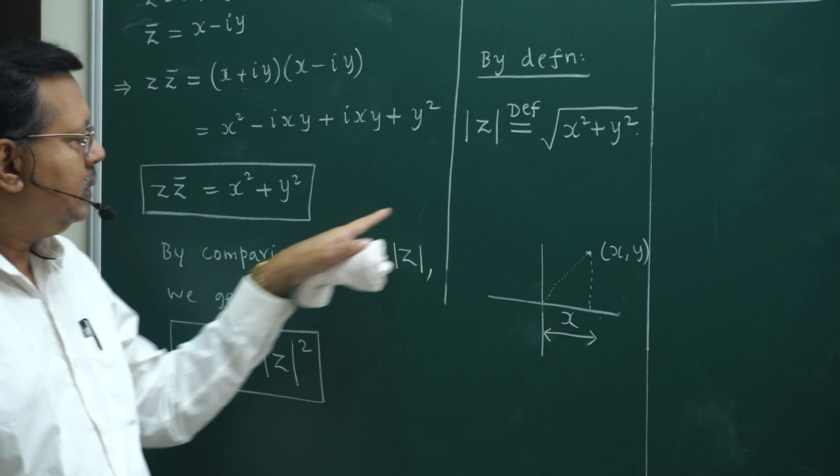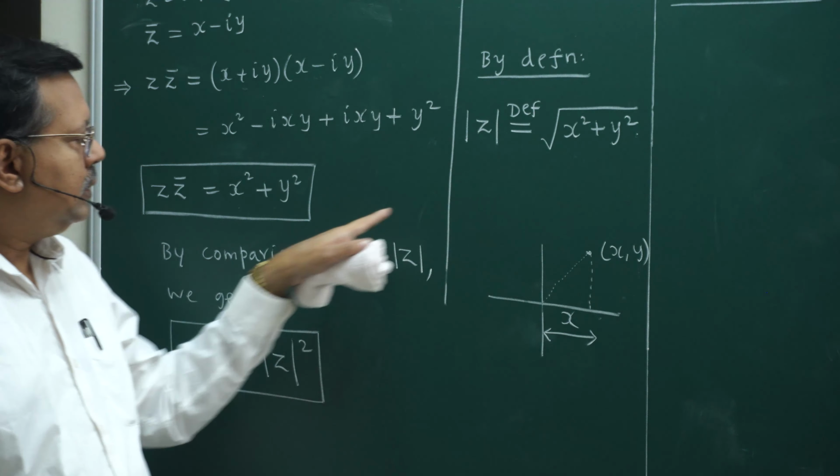Now, once again I will repeat this. This is not an equation to be remembered like a black box, like mod z square is z into z bar. There's not much use of that. How do you have to remember this?